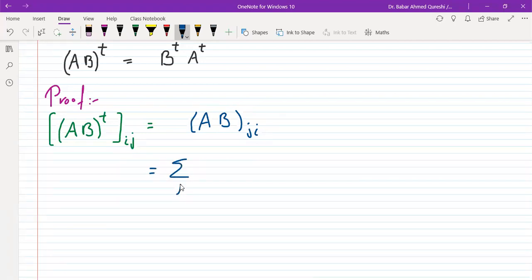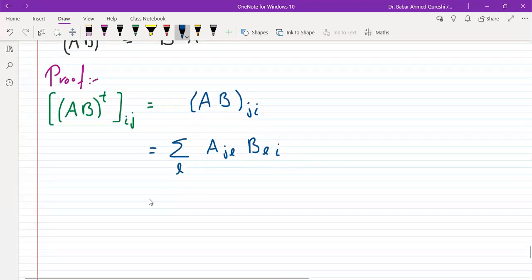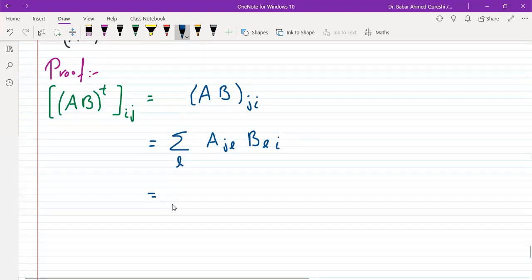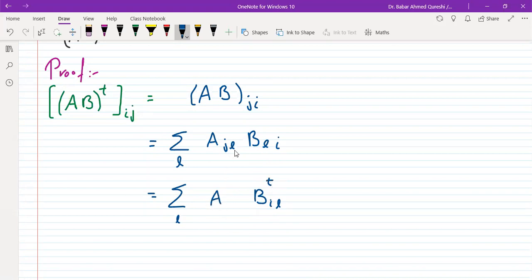But according to our techniques, this product can be written like this. And if it's the lth, ith component of B, this is also equal to the ith, lth component of the transpose of B. And since this is the jth, lth component of A, this is also equal to the lth, jth component of the transpose of A.